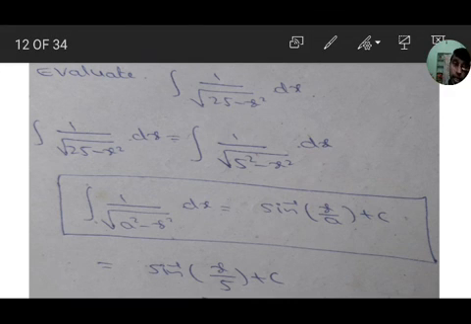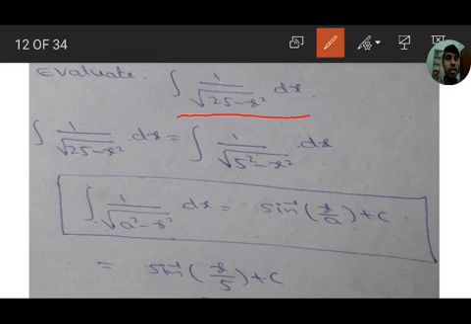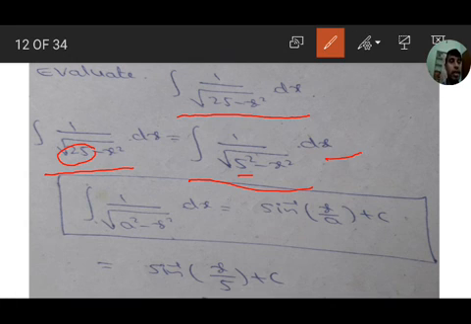Next, evaluate integration 1 by square root of 25 minus x square dx. That is integration 1 by square root of 25 minus x square dx, equal to integration 1 by square root of 5 square minus x square dx.